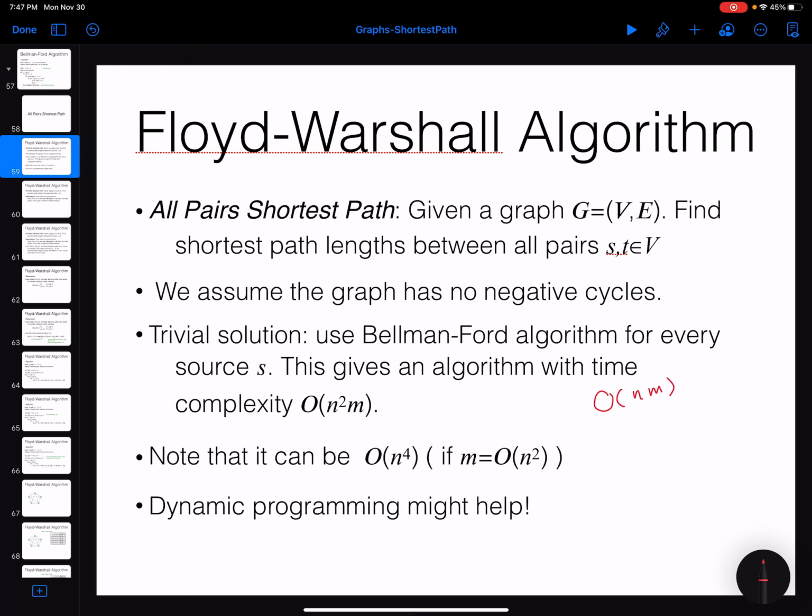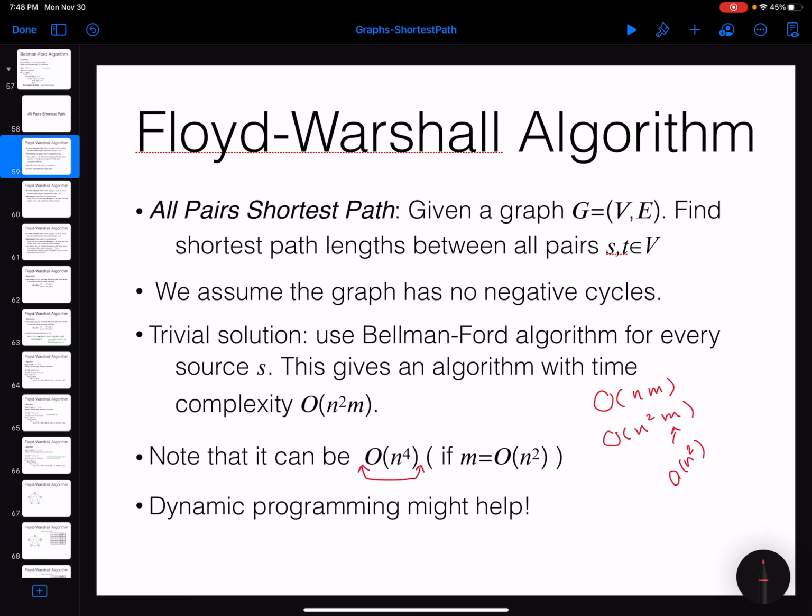If we run it over all the nodes in the graph, the cost is going to be O(n^2 m). But m, the number of edges itself, can be O(n^2). So in total, this can reach O(n^4), which is very high.